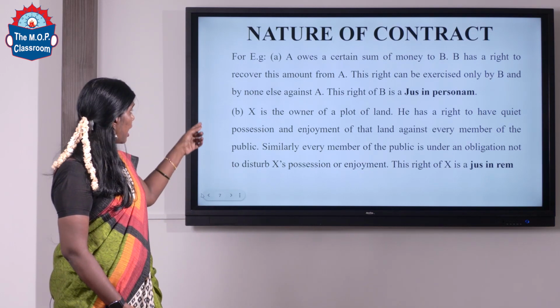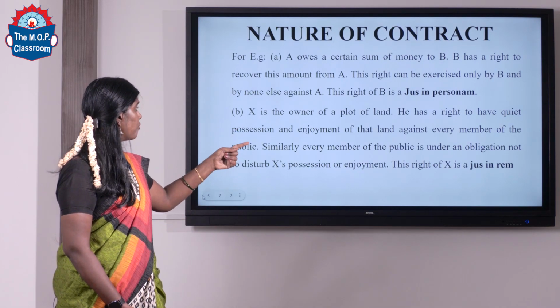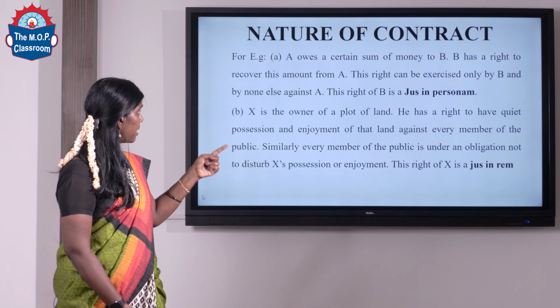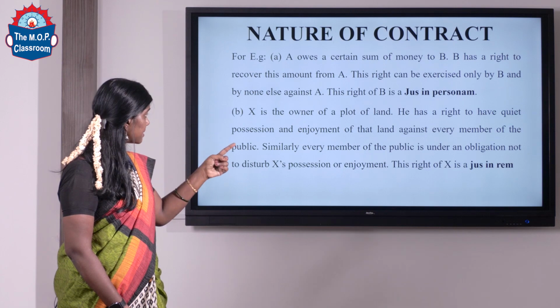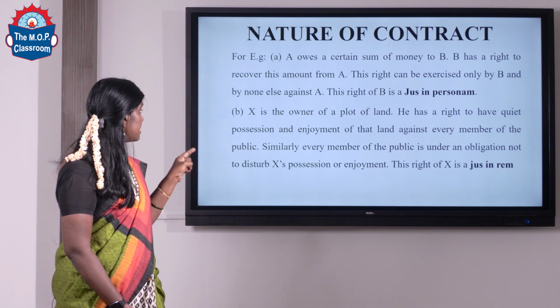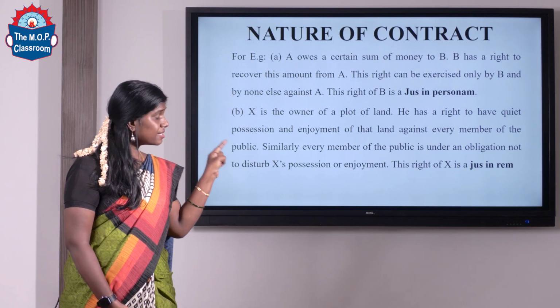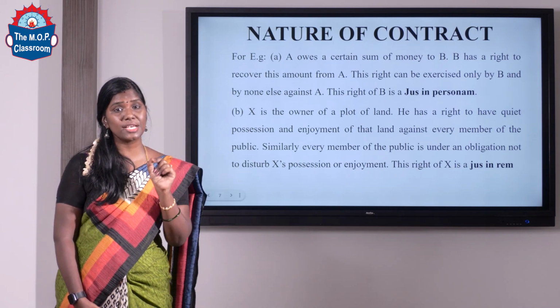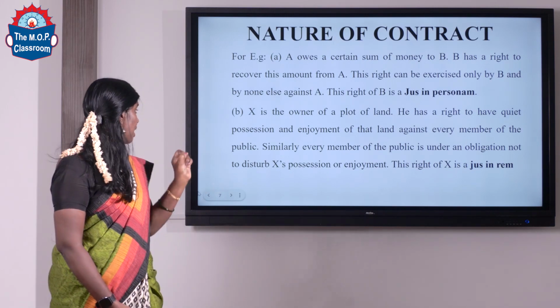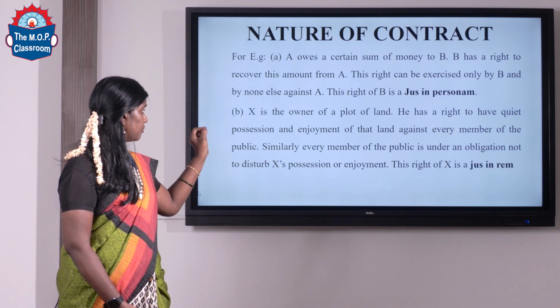Example, A owes a certain sum of money to B. B has a right to recover this amount from A. This right can be exercised only by B and by none else against A. So this right of B is jus in personam, only to a specific person it is allowed. X is the owner of a plot of land.